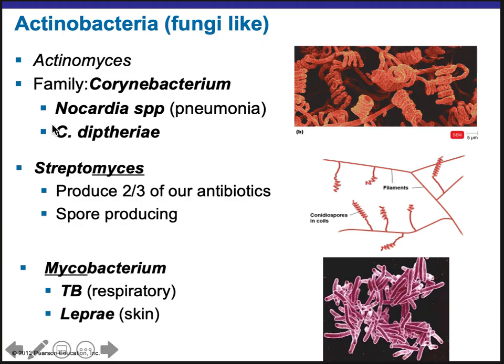And for diphtheria, I told you we would come back and talk about that after we talked about the mycobacteriums. So now we're going to go ahead and do that. We're going to talk about diphtheria.